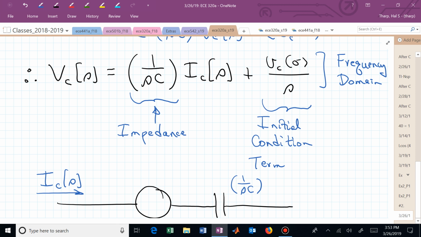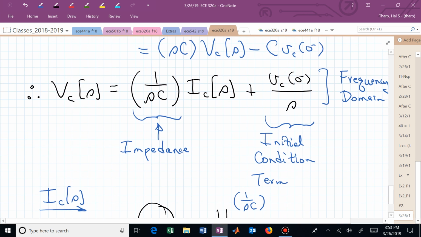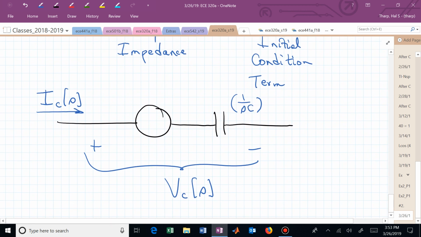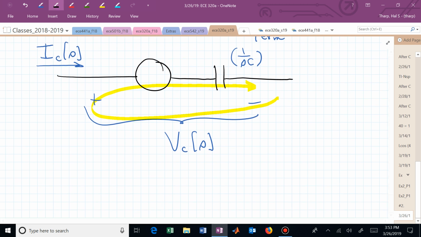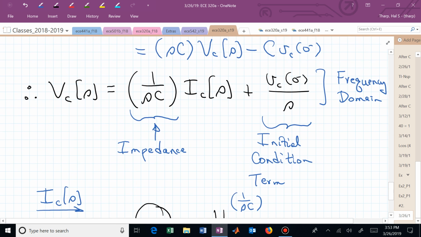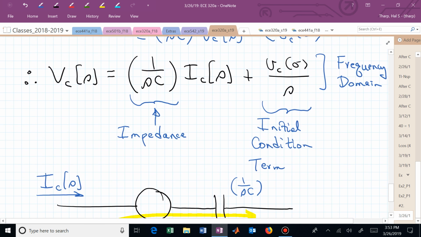Or another way of looking at that is, maybe you've done this in 220, you say, let me just write a KVL associated with this particular circuit, and you start here and just go this way. Or you now say, I have minus V sub C of S, and this is how we will figure out the polarity.